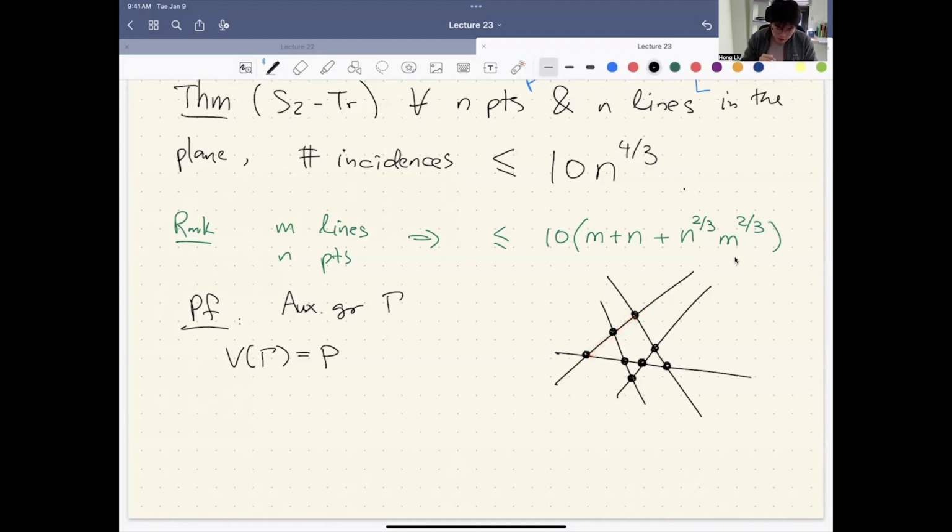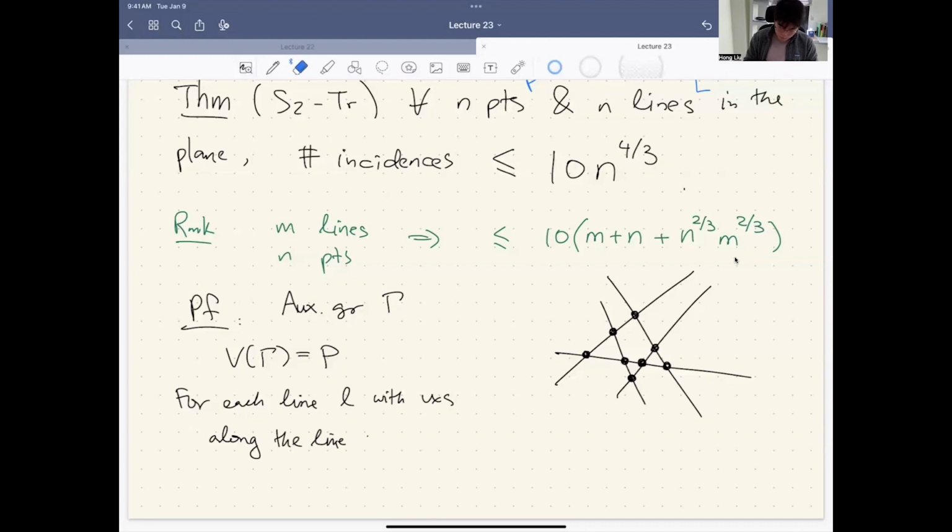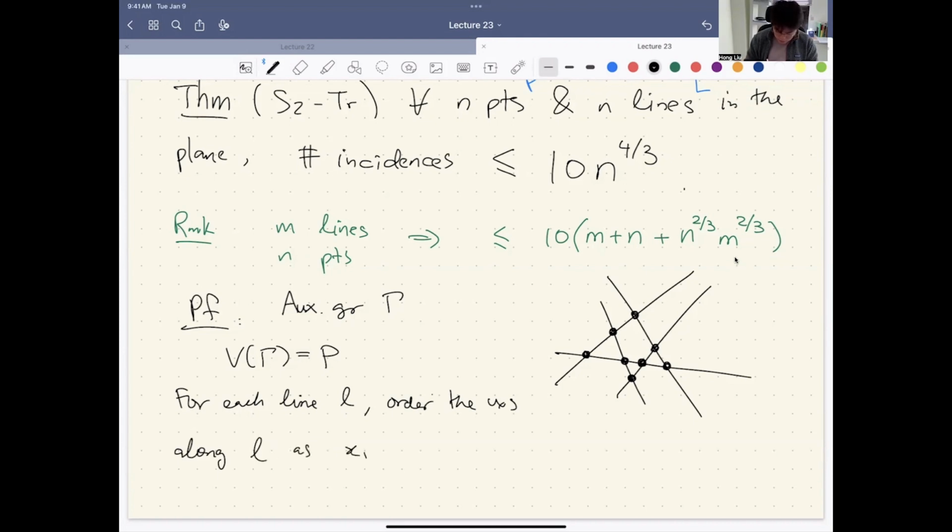So for each line L, order the vertices along L as V1, V2, up to Vk, say.